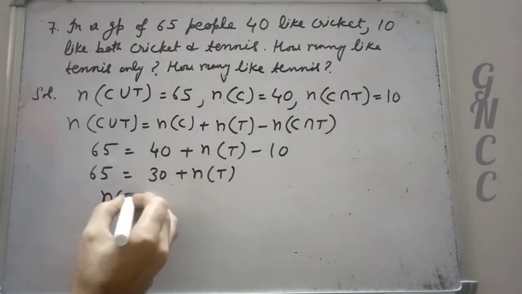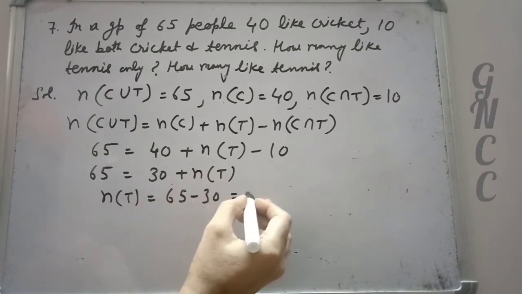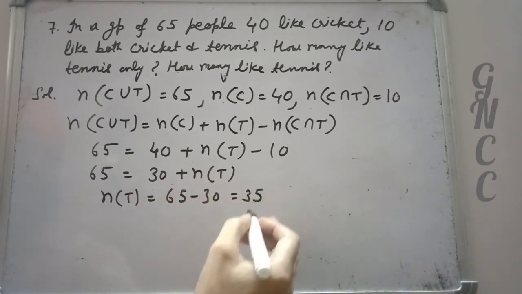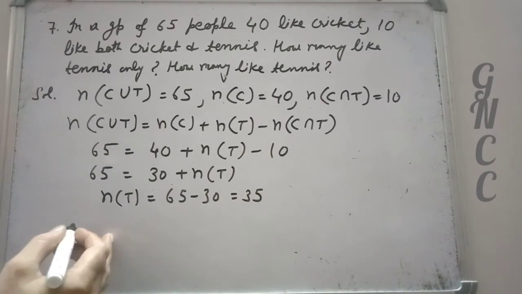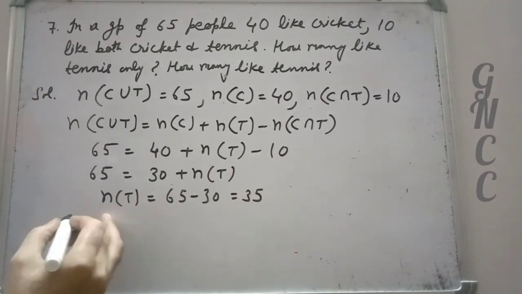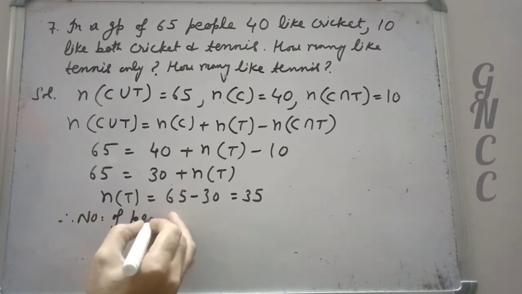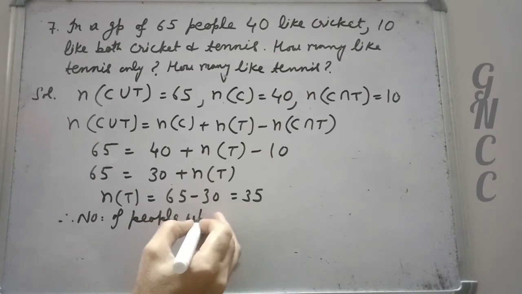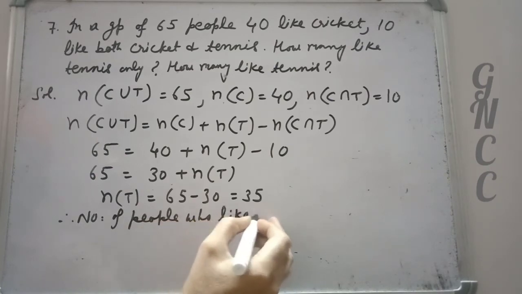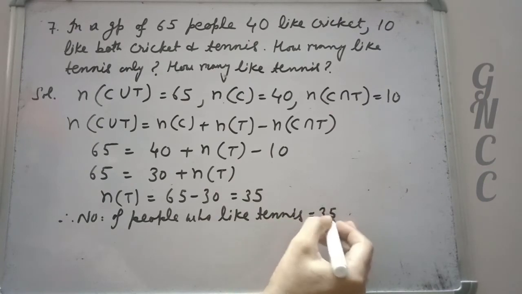So n(T) is equal to 65 minus 30 is equal to 35. So number of people who like tennis equal to 35.